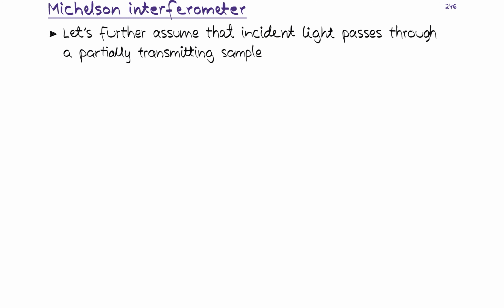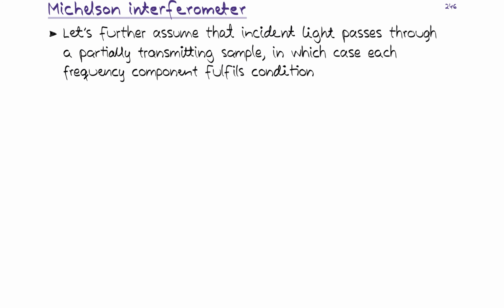So let's assume further that the light then passes through a partially transmitting sample. This is the sample we do not know. We want to measure its spectrum, so what frequencies of light are being absorbed, for example, in the sample, and what are fully transmitted.